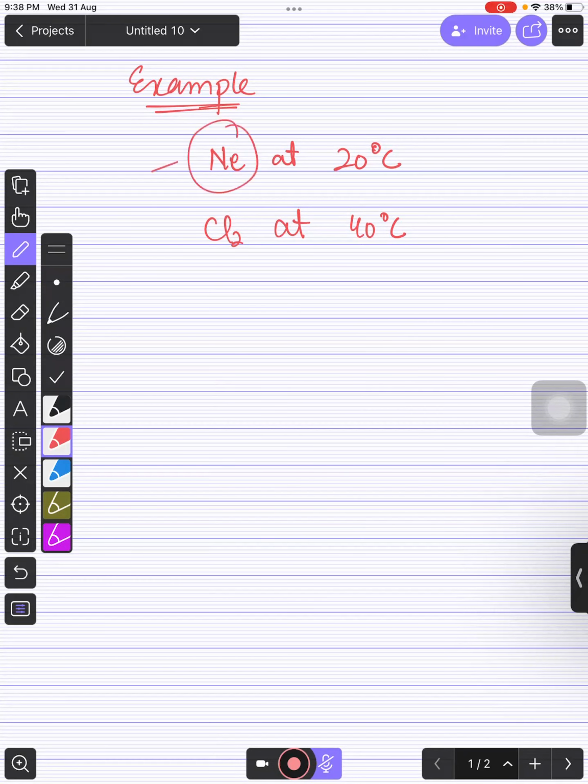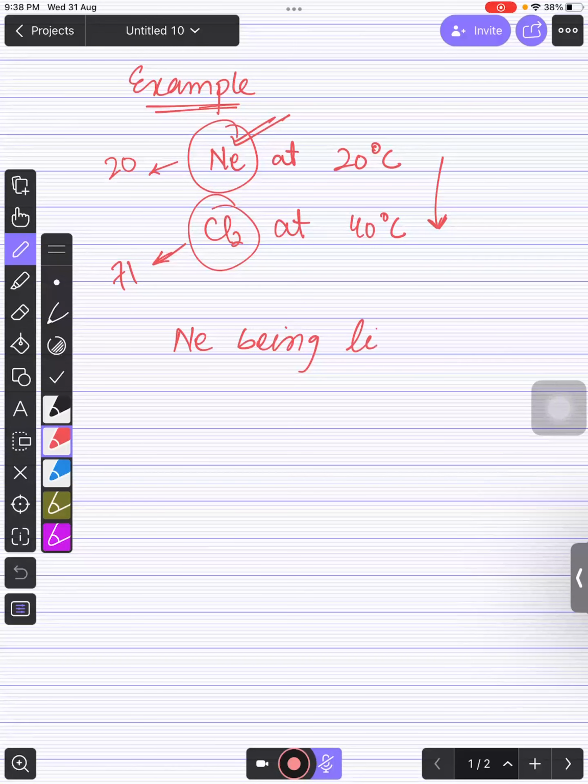Neon gas has an Mr of 20, and chlorine gas has an Mr of 71. Even though the temperature is higher over here, chlorine is the heavier gas, so it will diffuse slower. Neon, being lighter, will diffuse faster, right?